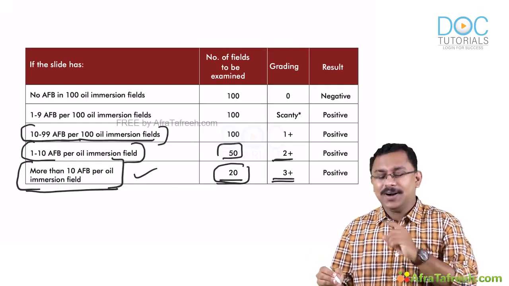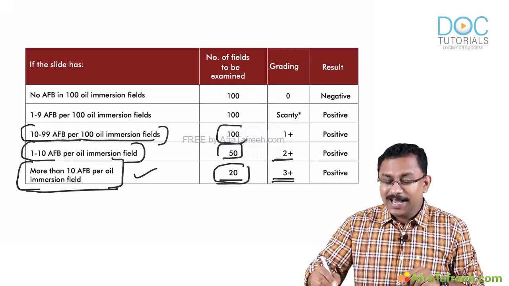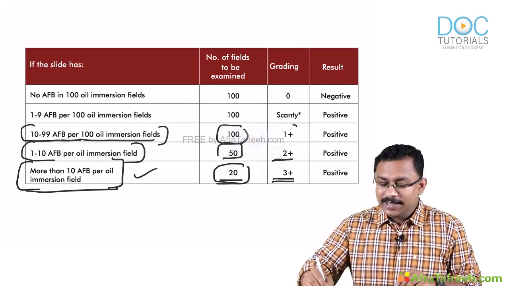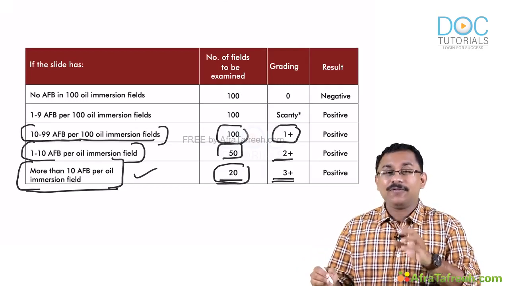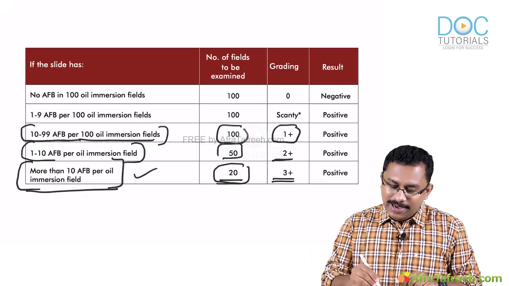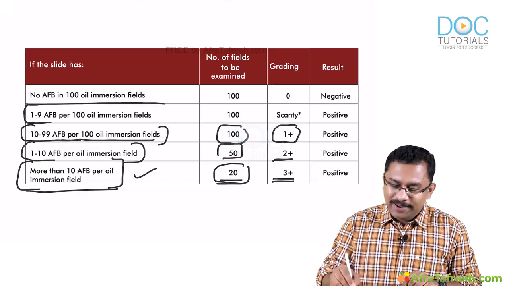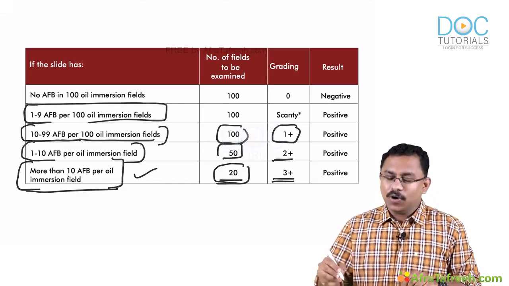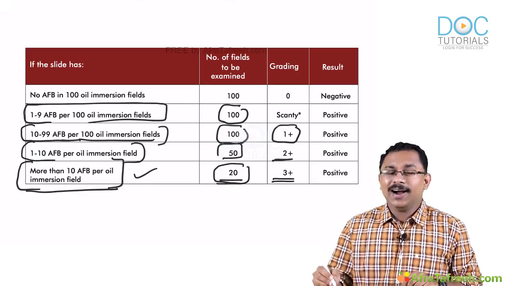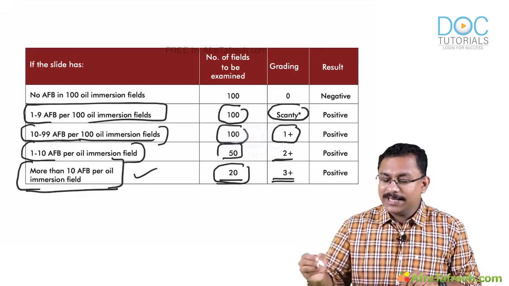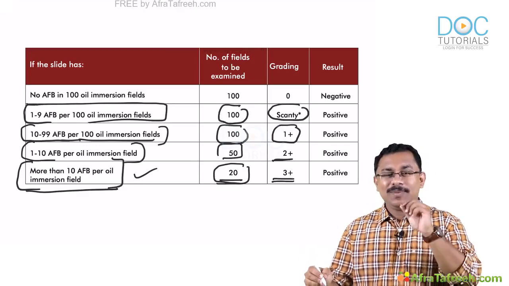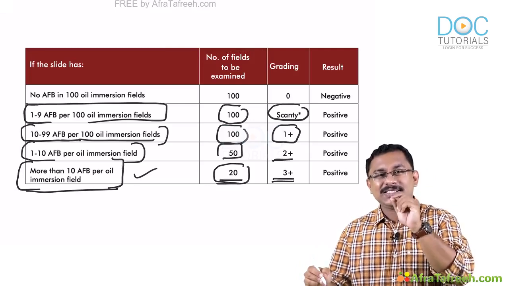This is per 100 oil immersion fields. When you examine a minimum of 100 fields, then you give 1+. And if you have 1 to 9 AFB per 100 oil immersion fields, when you examine 100 fields, you can report it as scanty.